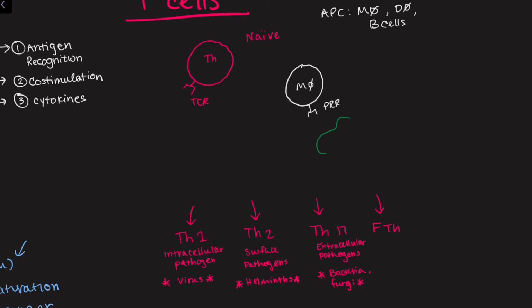And it can recognize that pathogen. So I'm going to draw my bacteria again. So it recognizes that bacteria, and it can, just like the B cell could, upregulate MHC class 2 molecules.